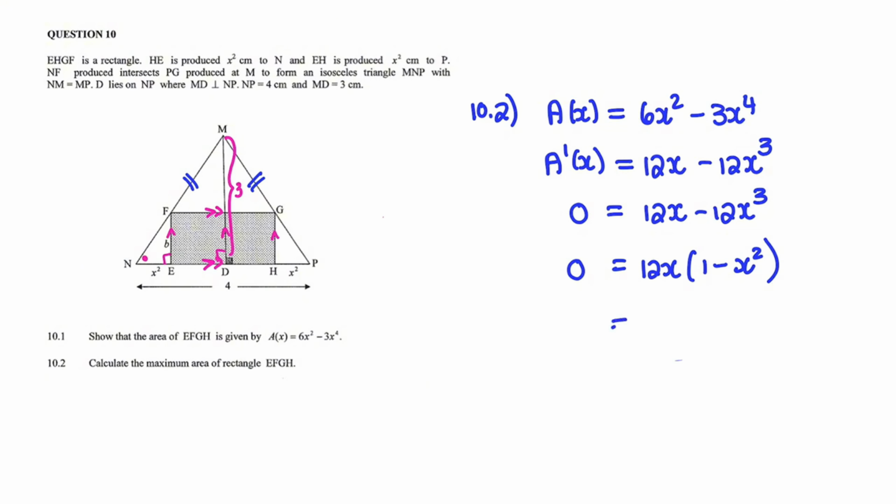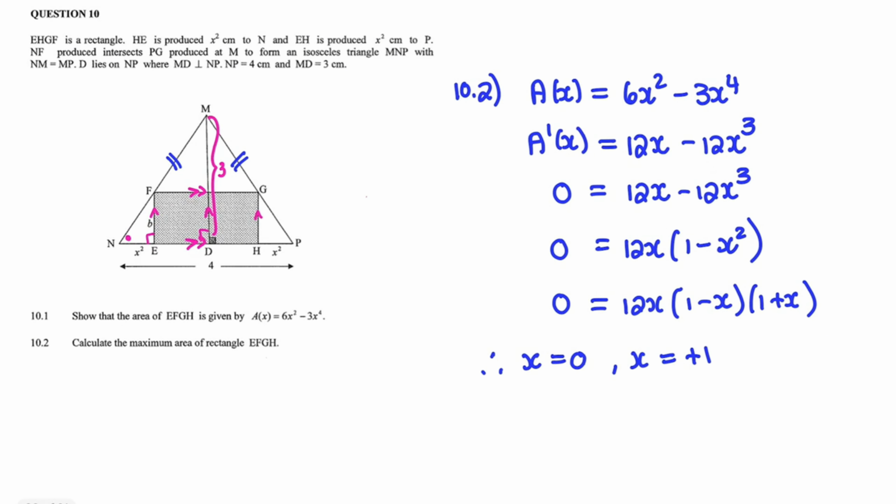And when I factorize further, I have 0 is equal to 12x times 1 minus x times 1 plus x, because the difference of two squares. Therefore, I have three possible values of x, that is x equal to 0, or x is equal to plus 1, or x is equal to negative 1.